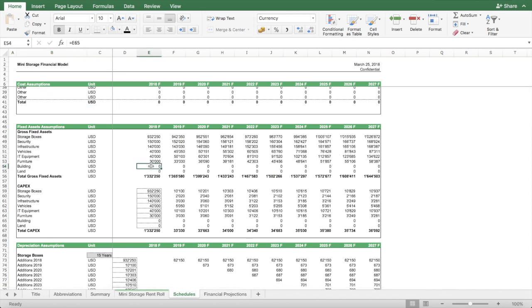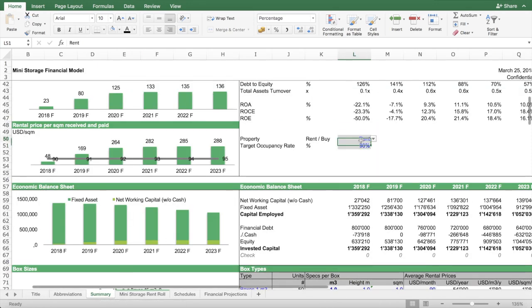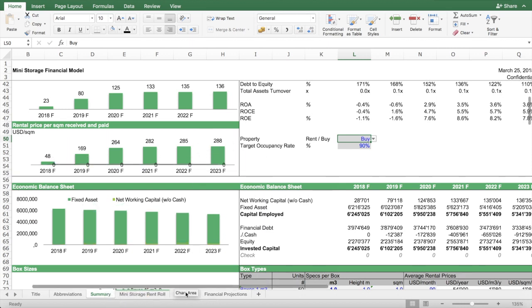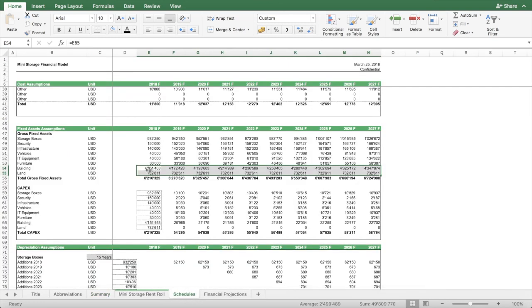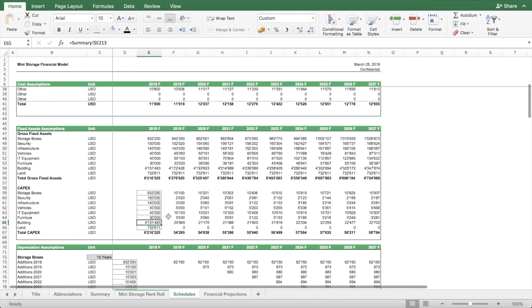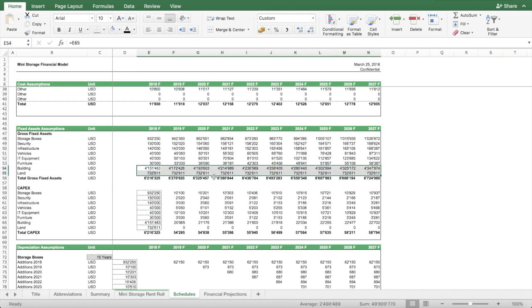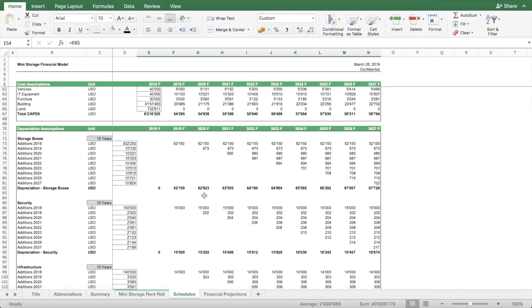You see here I'm renting the facilities, but if I now switch to another scenario where I'm the property owner, this means I invest in the facilities, then the model takes the assumptions for CapEx, meaning here I invest 4.1 million in the building and 700k in the land, and this ends up as gross fixed assets, and then will also be depreciated with the next schedule here.